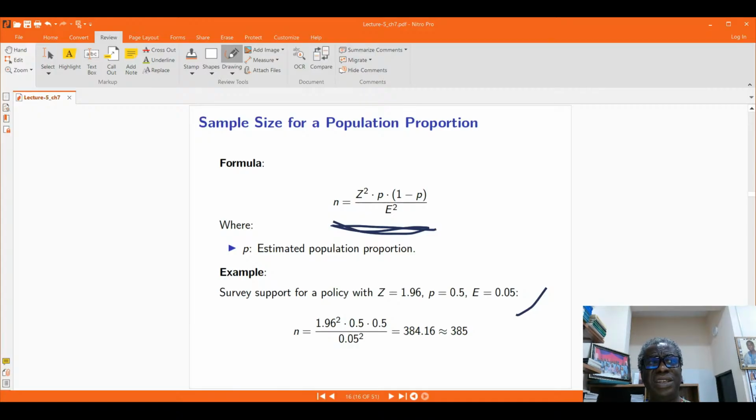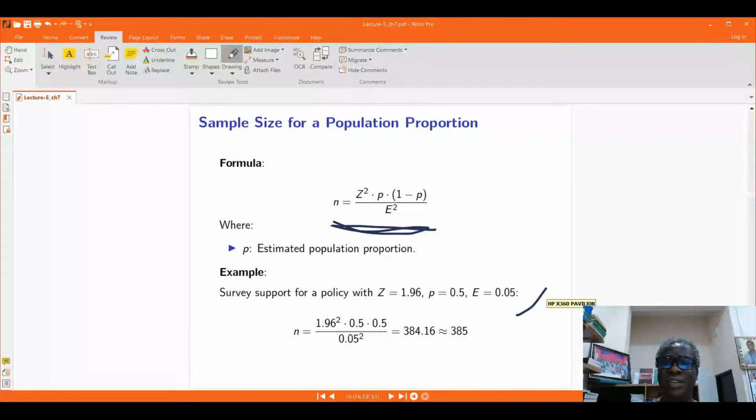So what is the appropriate sample size that will make the estimate of our proportion accurate or reliable? To determine that sample size, we need to provide information about the confidence level.